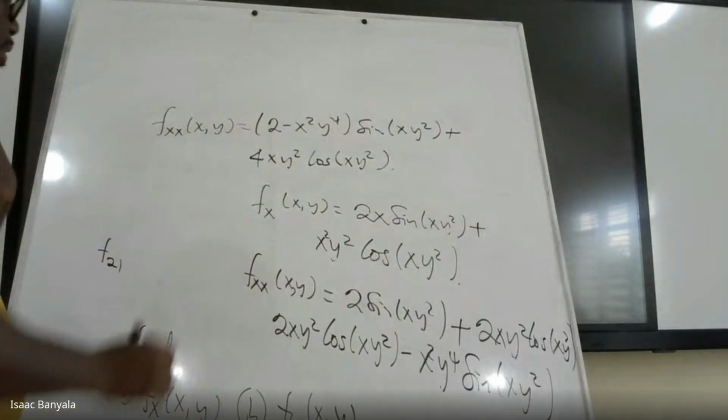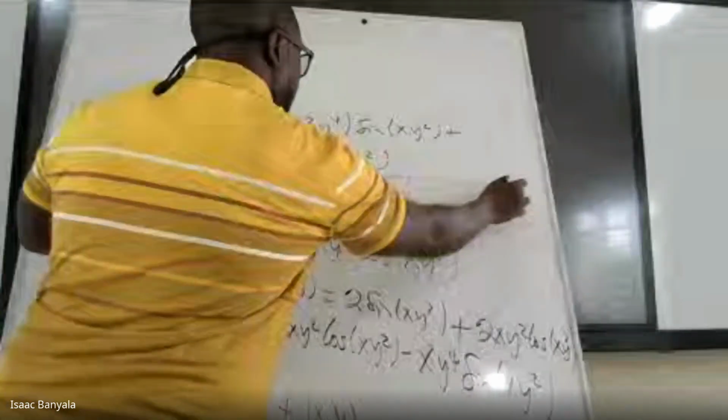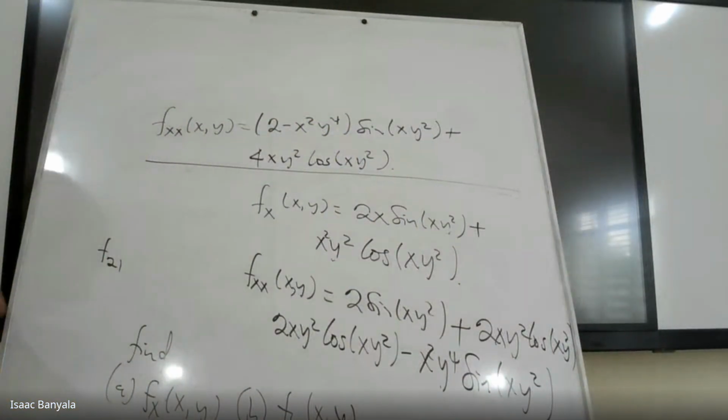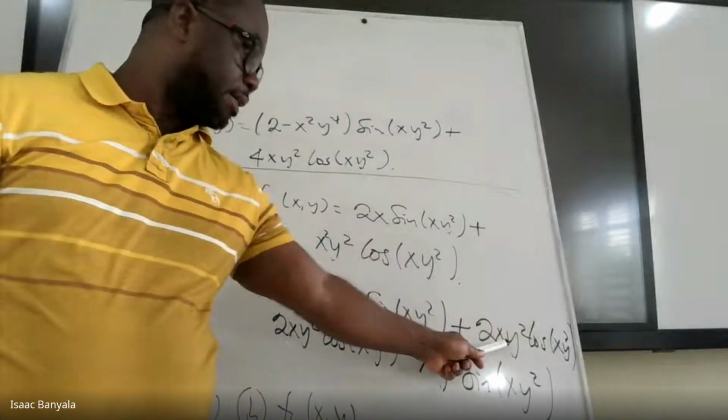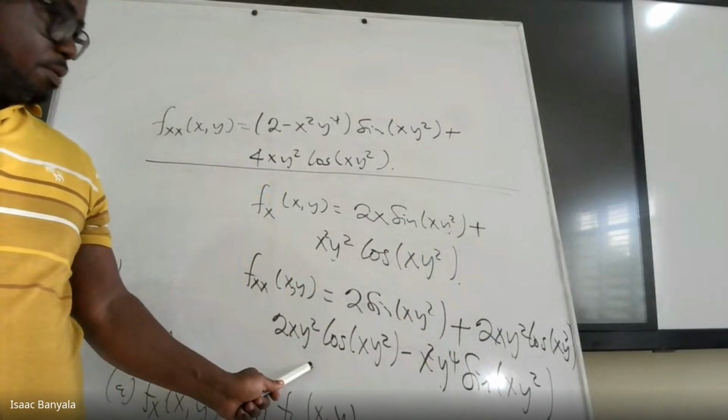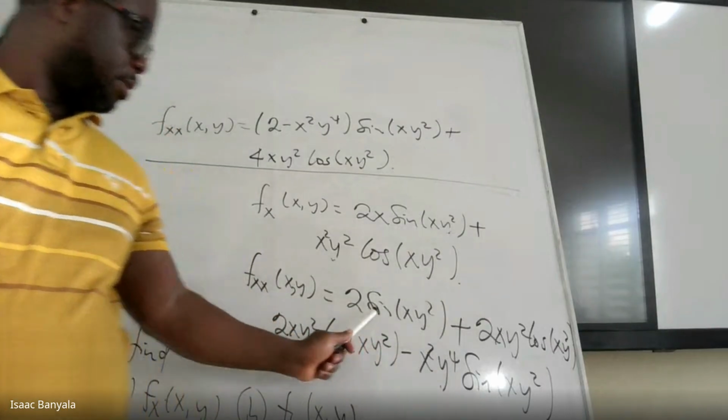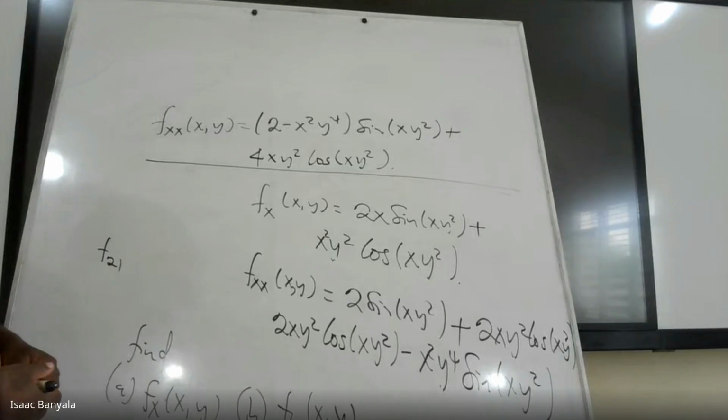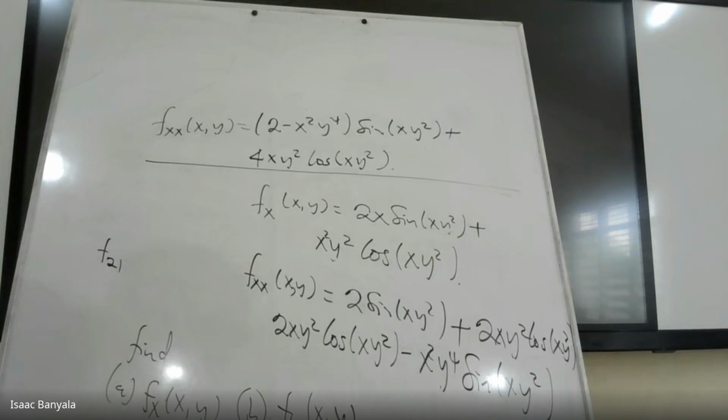I hope this is what we are talking about. This and that will give us 4. This and that will be 2 minus whatever is there, sine of that. Any question before we move on?